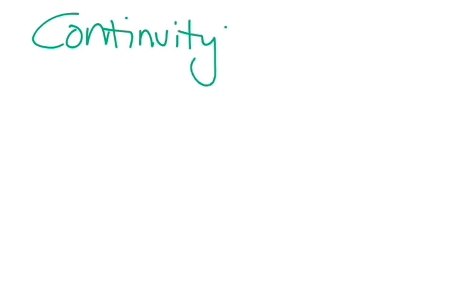All right, the next thing that we're going to talk about is continuity. If something is continuous, that would mean that it goes on forever. But there are things like removable discontinuity.